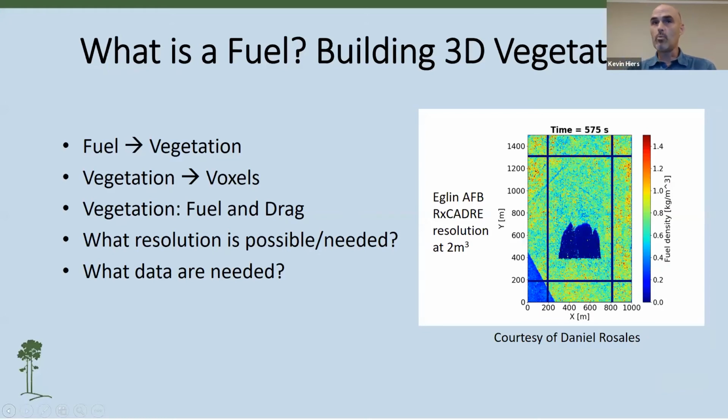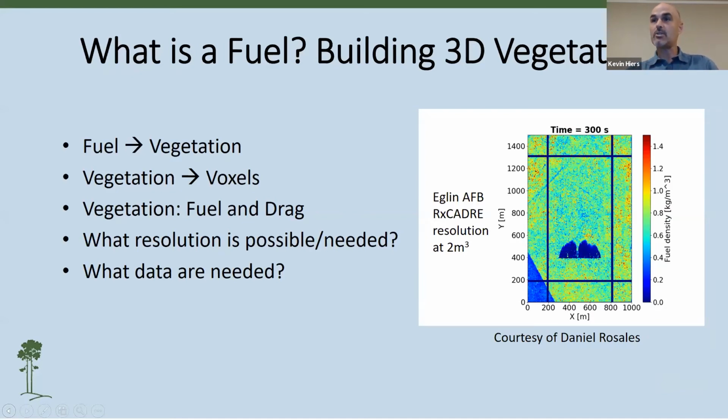To start with, we really need to think about what is a fuel. Instead of fuel models, we've got to think about vegetation. What Rod showed is that these coupled fire atmospheric behavior modeling tools run at relatively fine scales, 1 to 2 to 4 meters. And the vegetation, fuel as vegetation, needs to be recaptured as part of the mindset that we approach our modeling with.